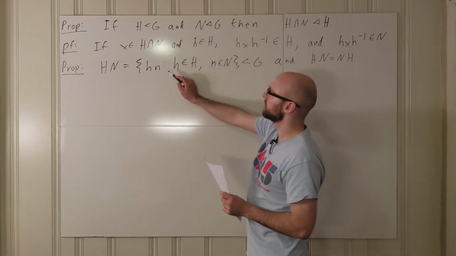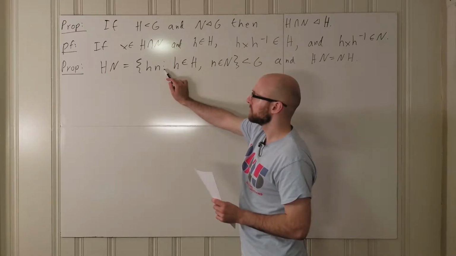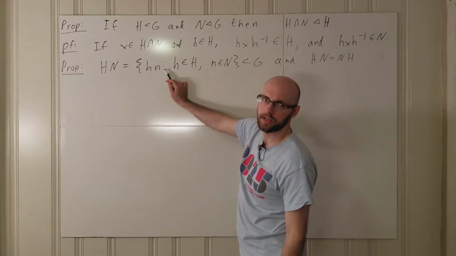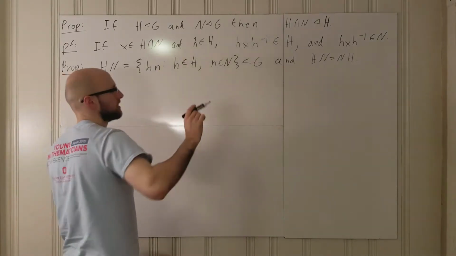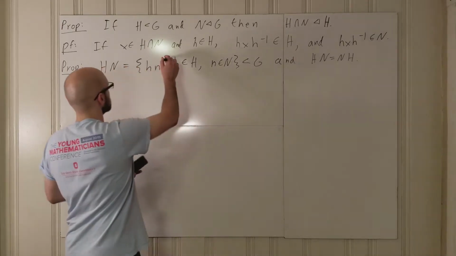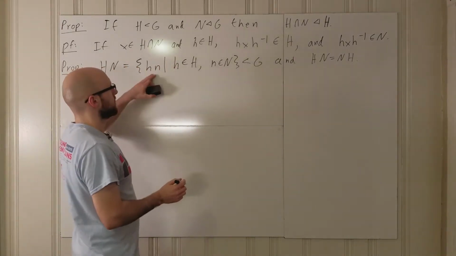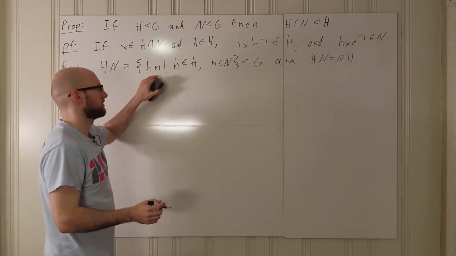Interesting thing I've noticed here: there seems to be a divide where if you study algebra, you tend to write this line here to mean this is a collection of all elements that look like this.